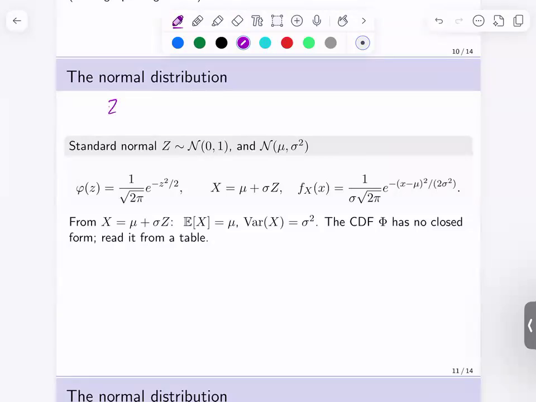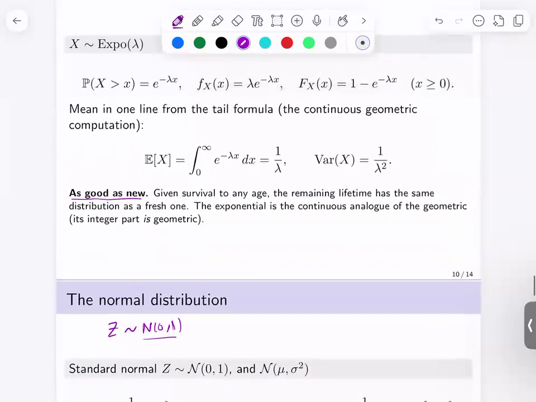So the standard normal distribution is written like this. If you have a random variable with a standard normal distribution, written normal 0, 1, it has two parameters, the mean and the variance. Such a random variable is defined to have a PDF like this, e to the negative z squared. Comparing with this, the PDF of an exponential drops like e to the negative x if the rate is 1.